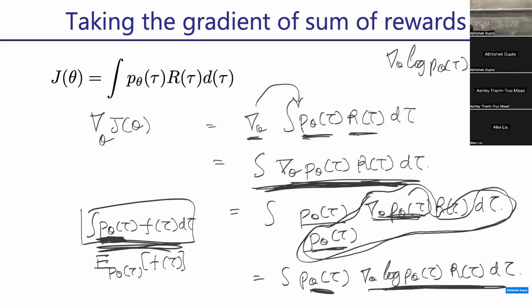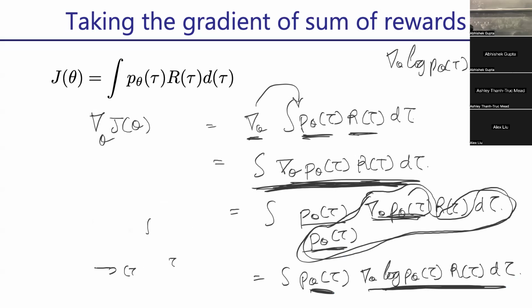So now we have something that looks like p theta tau times some f, and so it's an average again. Right? So the nice thing is, if we have this expression, we can write it as p theta tau times grad theta log p theta tau times r tau.